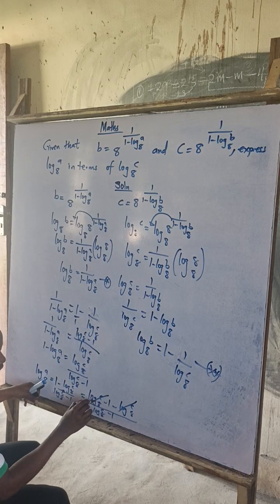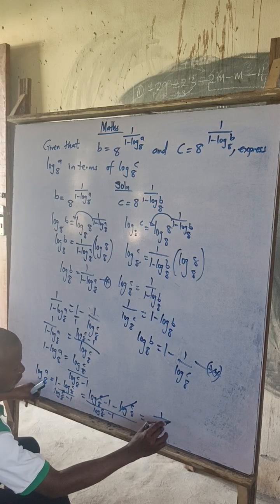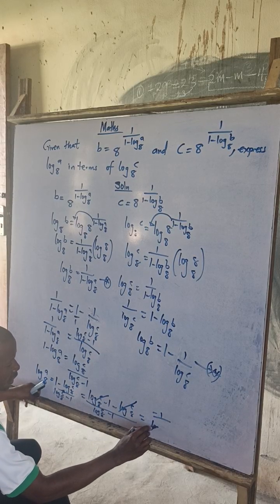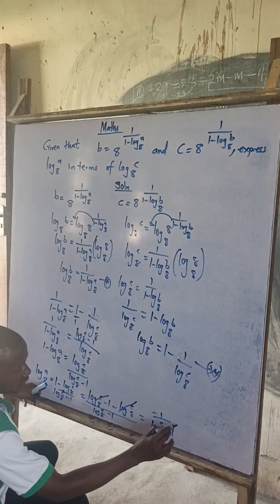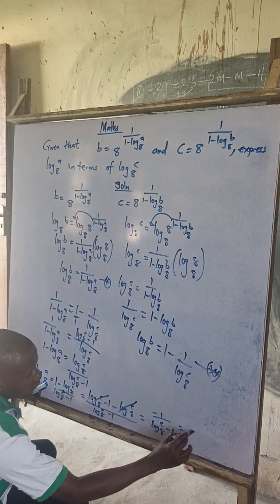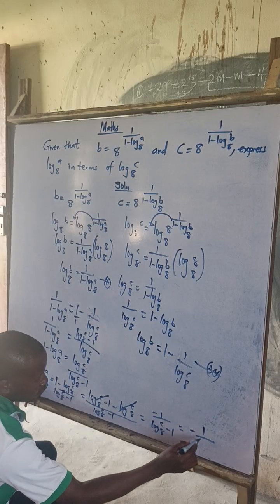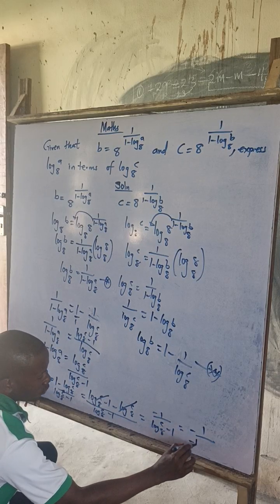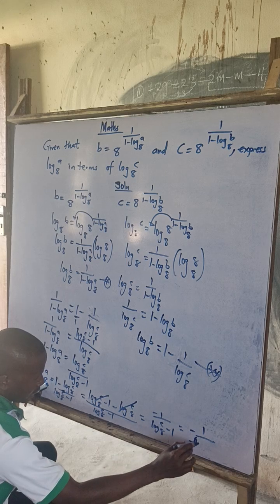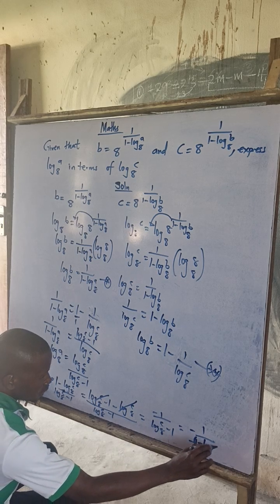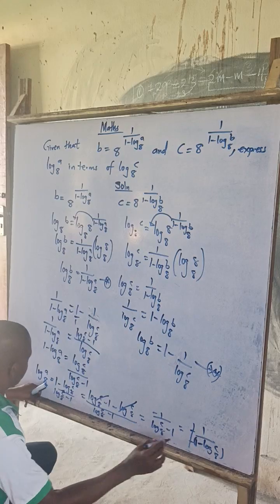So this cancels this, and we have minus 1 over log c to base 8 minus 1. When you factorize minus out, we have 1 over minus, and the plus here will turn to minus log c to base 8. This minus will cancel out.